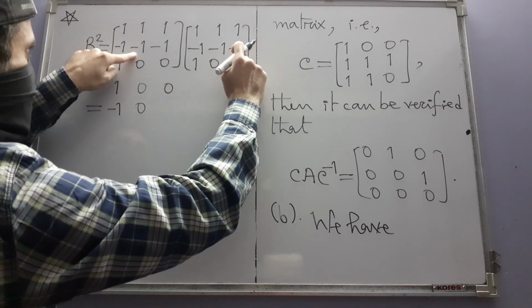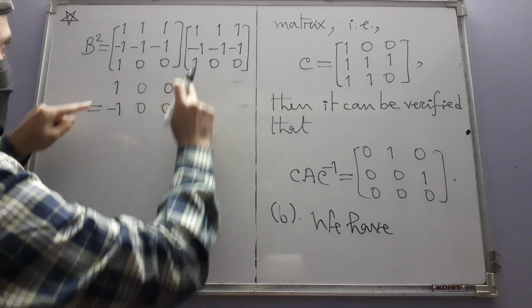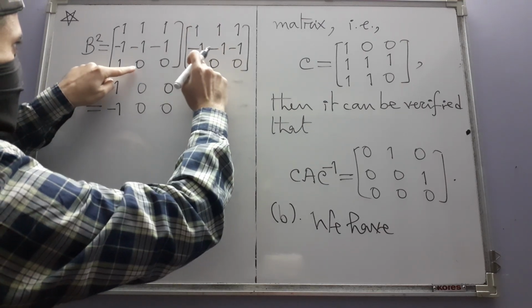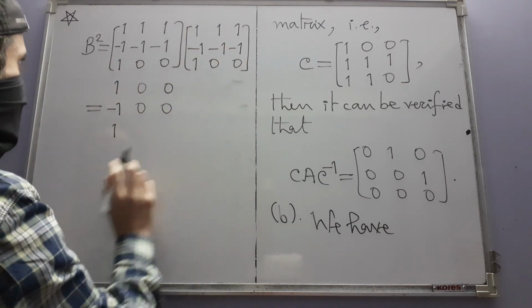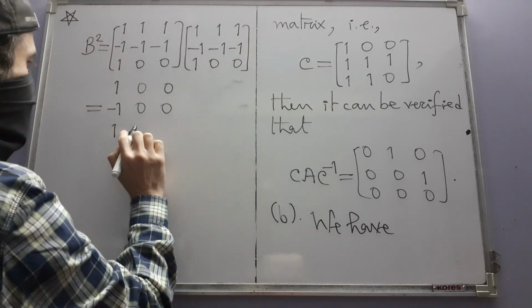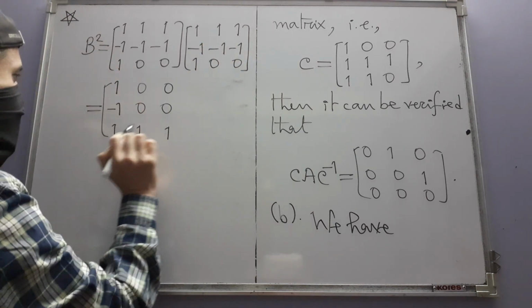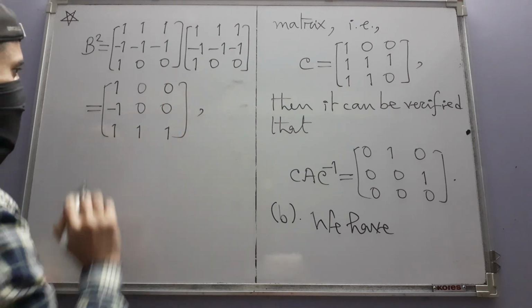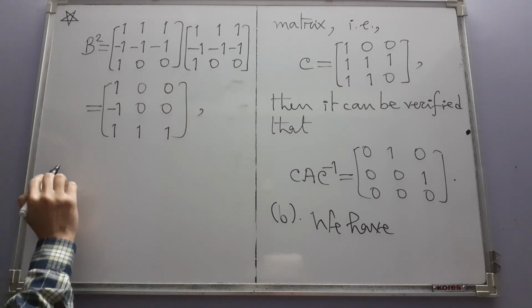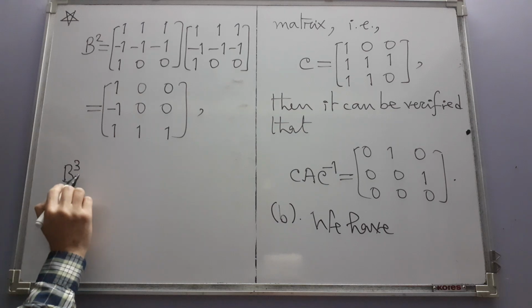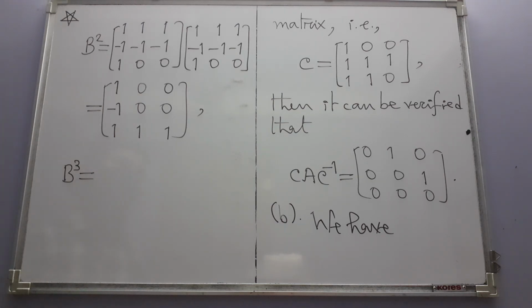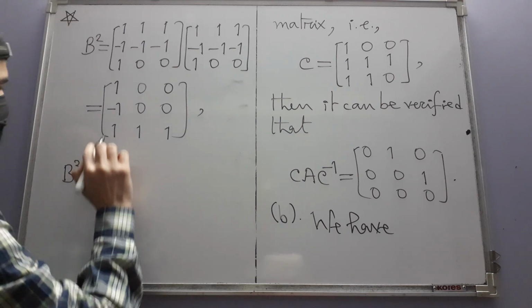Minus 1 plus 1 0. 1 0 0. Okay. 1 0 0. So this is going to be just 1, like this. Alright, fine. But what about B cube? B square hasn't been a zero matrix. We want that. Okay, so it's okay.